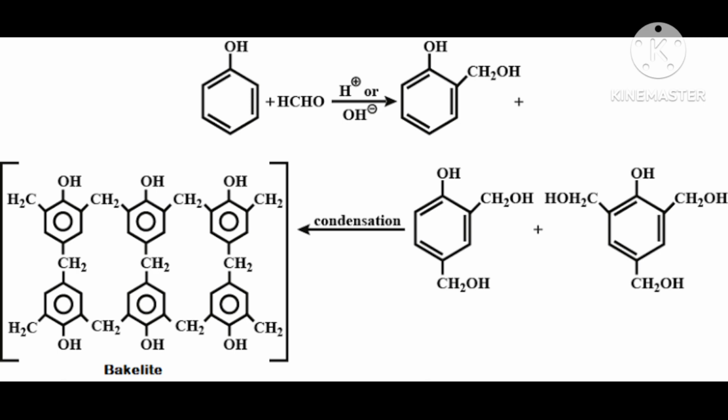The reaction starts with the initial formation of ortho or para-hydroxy methylphenol derivatives, which further react with phenol to form compounds having rings joined to each other through CH2 groups. The initial product could be a linear product, that is called Novolac, used in paints. Novolac is used in paint.